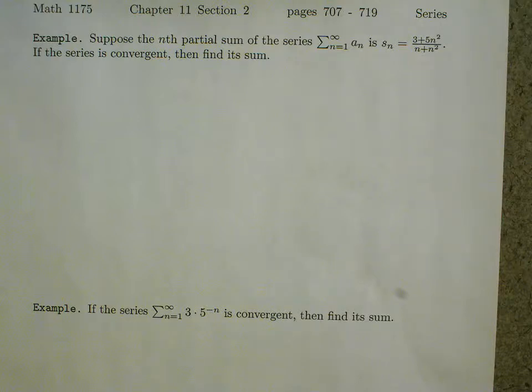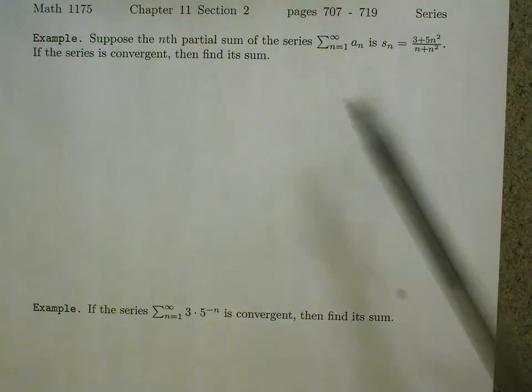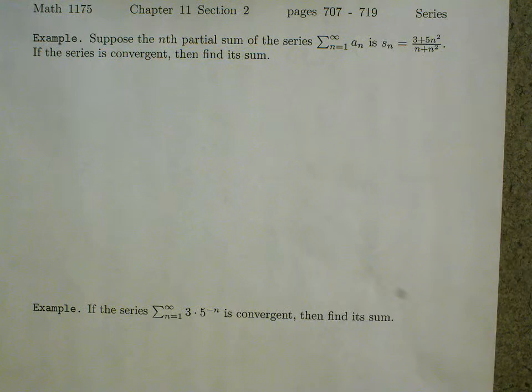So what do you think? Do you think the series converges or diverges? And if it converges, what does it converge to? This is a sort of test to see if we understand fully what an nth partial sum is.